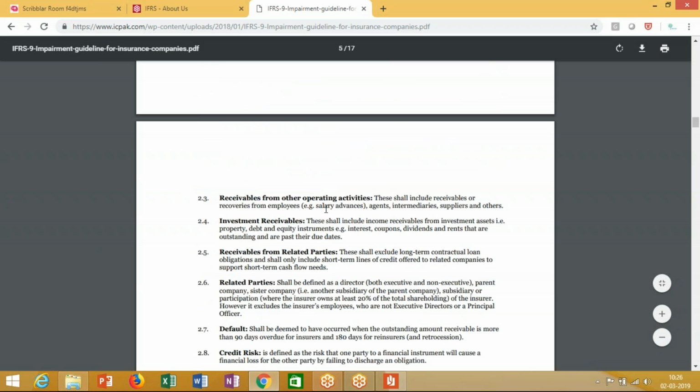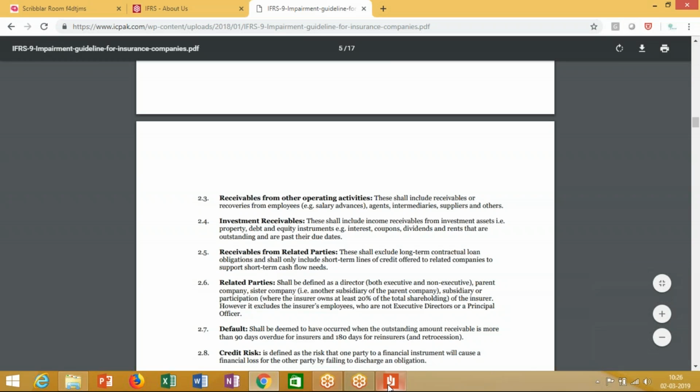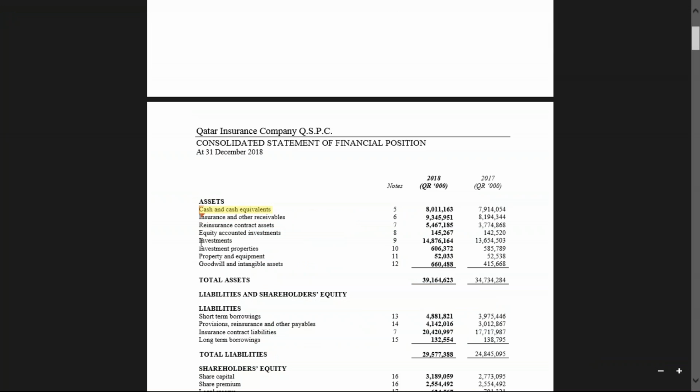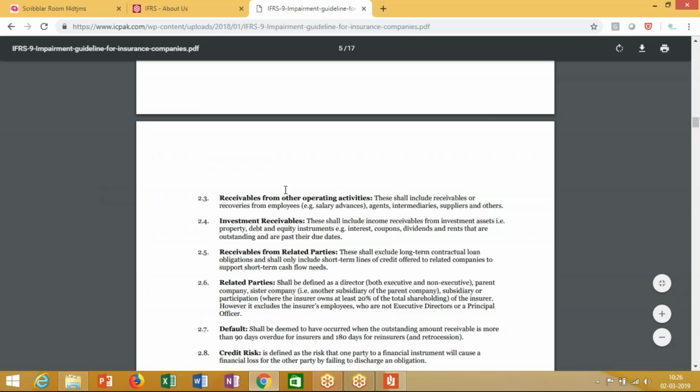Now, the other item involved here is investment receivables. Let's have a look at this.